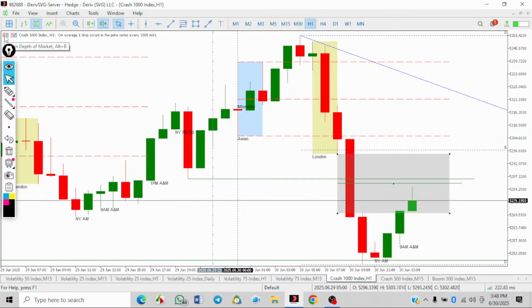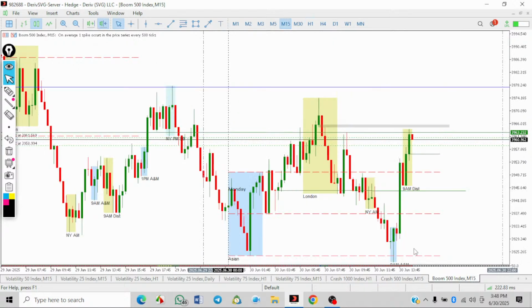You can see we had the spike there. So that's still fine, I may just put a limit order there. Let me see my Crash 500. You can see Crash 500 is retracing now.